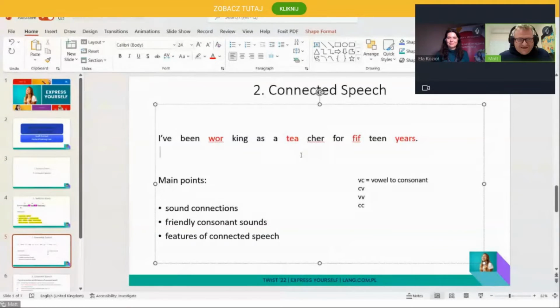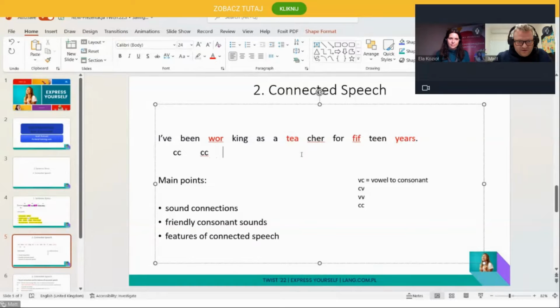Okay, so let's look at the sound connections. We've got "I've" and "been". What is the sound connection here? Type it in the chat if you can. So this is consonant to consonant. So it's not a good start. Next one, "been working", consonant to consonant again.